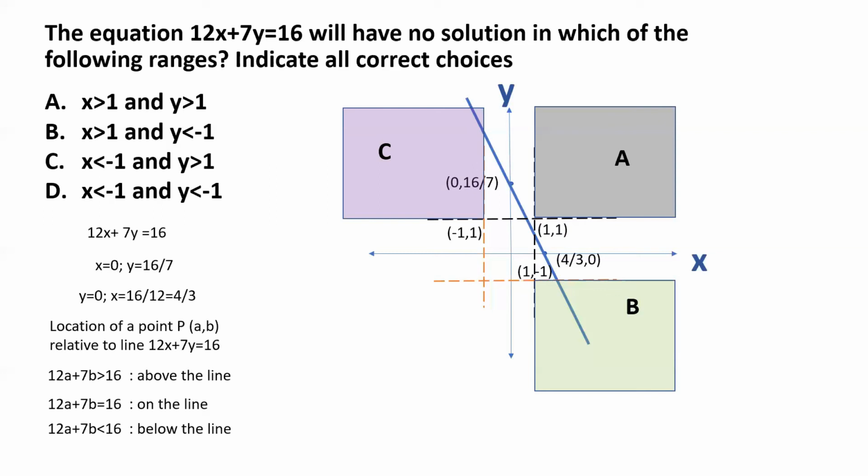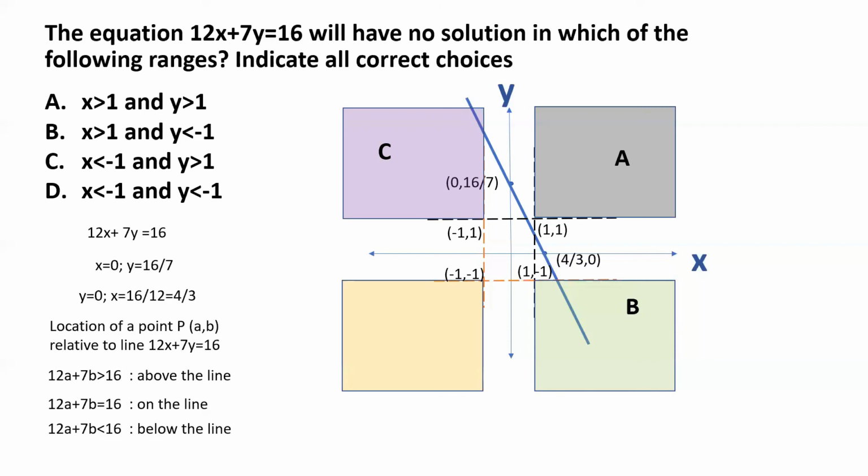Now let's move over to option D. The relevant point to consider for option D is x equal to minus 1 and y equal to minus 1. Once again, we'll draw out the range represented in option D, which is x less than minus 1 and y less than minus 1.